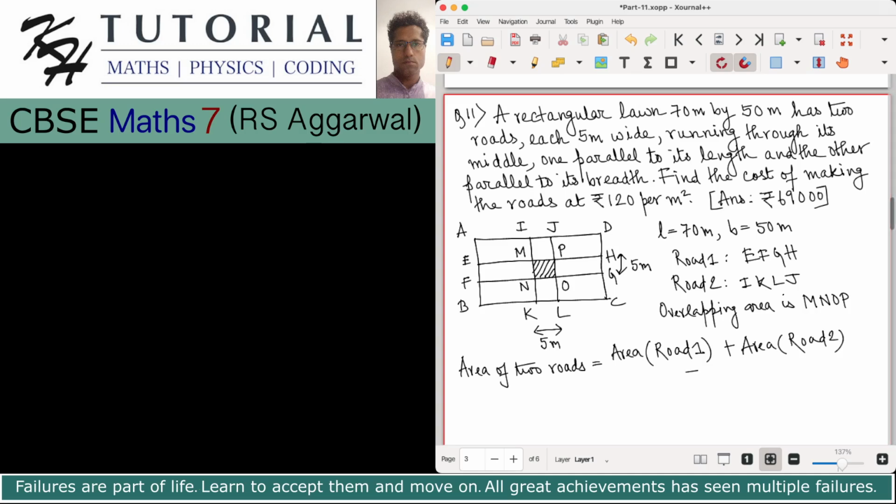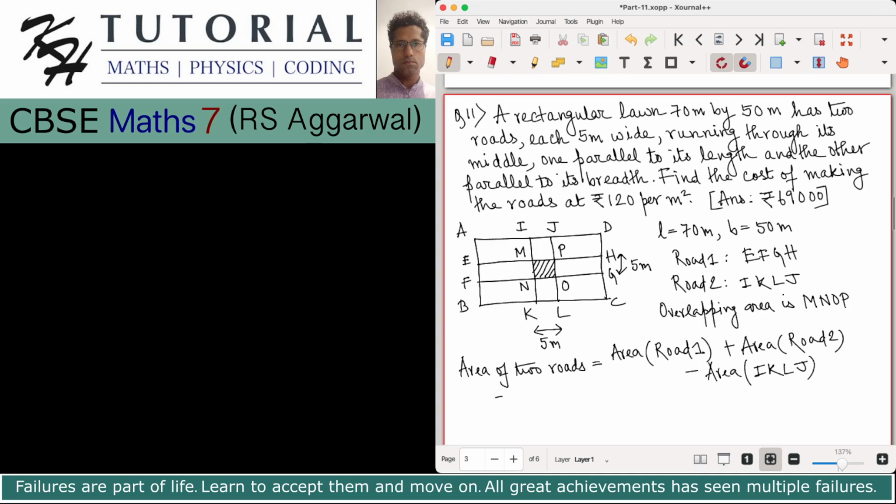When we are adding the area of road 1 and road 2, the common area is being added twice. So we have to subtract the area of the overlapping area once.